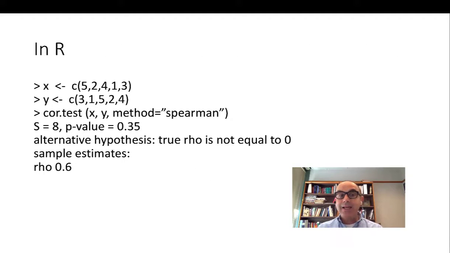And in this case, we will apply Spearman in R. See, it is almost the same code as we did before, but in this case the method is Spearman. R will provide us with S equal to 8 and a p-value equal to 0.35.